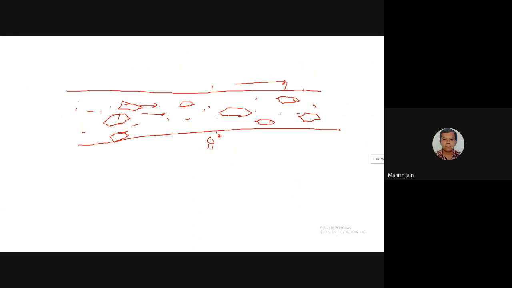And the diffusive flux is of two types. One is when you are moving with the mass average velocity, and second is when you are moving with the molar average velocity.